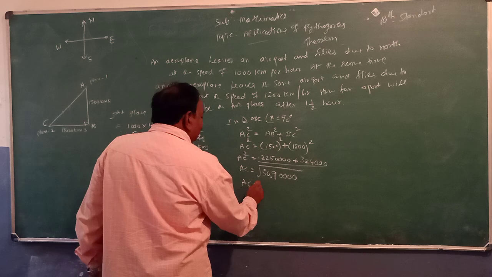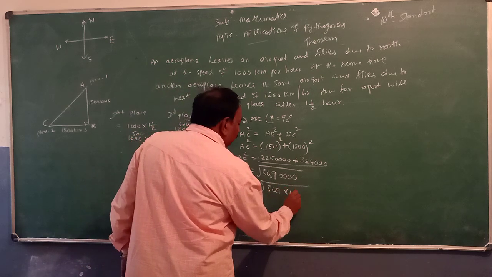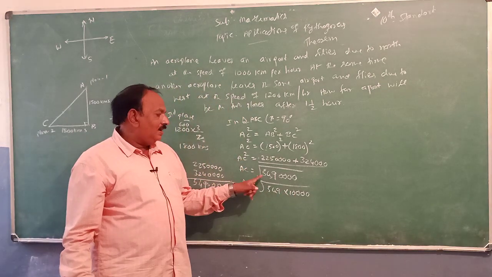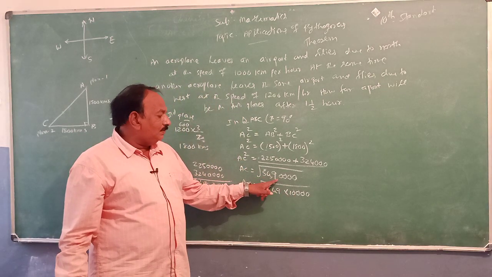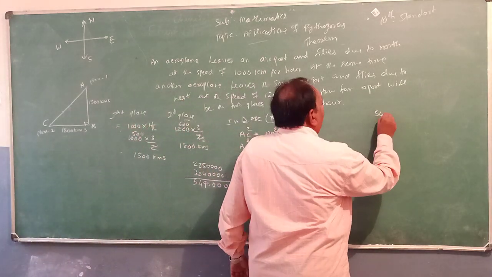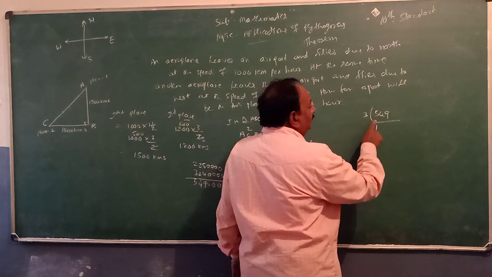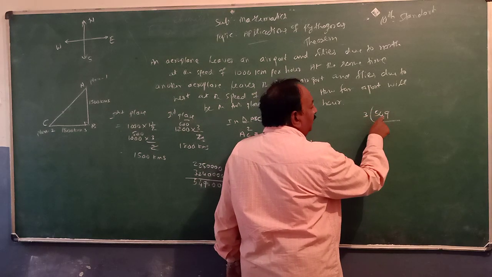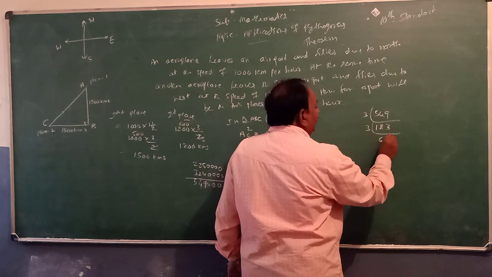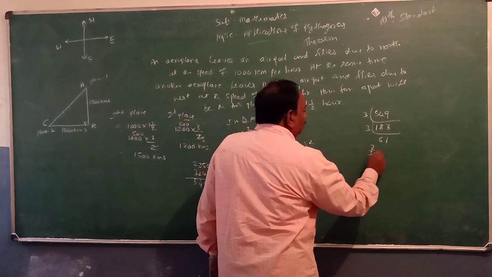So AC squared can be written as 549 into 10,000. The last simplification is very important. Find the square root of 549. Divide by 3: 3 1s are 3, 2 remaining 24, 3 8s are 24, 3 3s are 9, 3 6s are 18. 549 is 3 squared into 61.